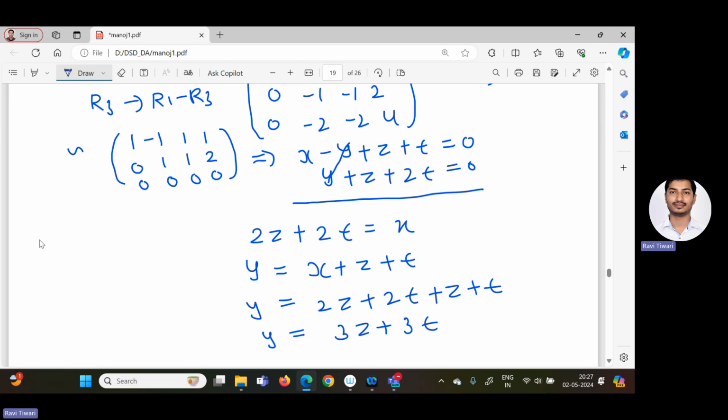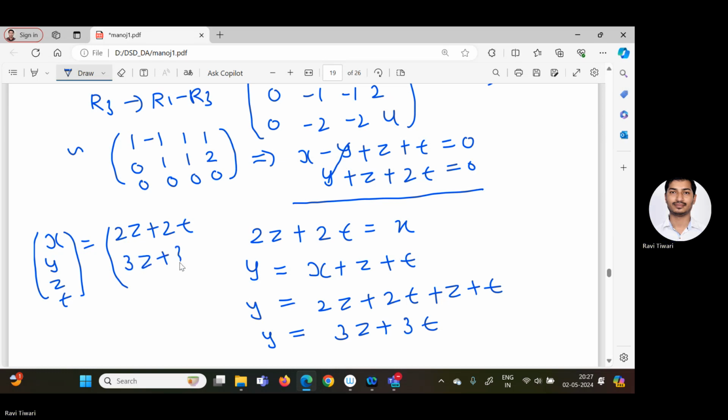So now what will be the solution of the given system of linear equations? We can write x, y, z and t. So what is the value of x? X value is 2z plus 2t. Y value is 3z plus 3t. Z is z and t is t.